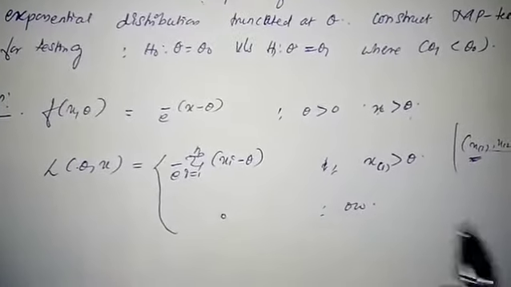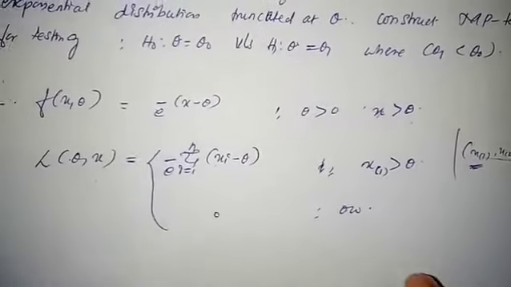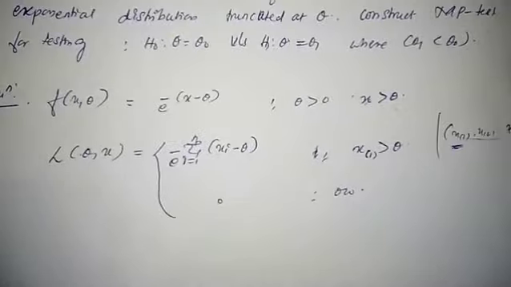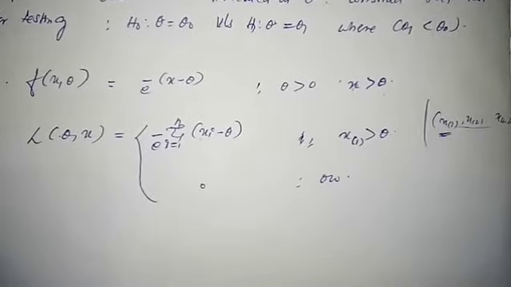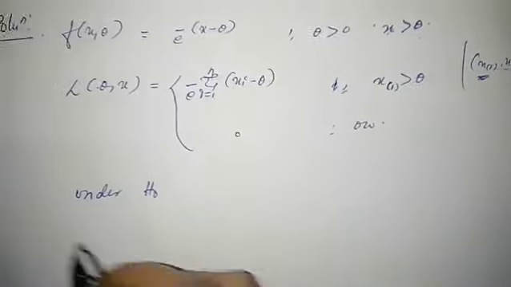From the Neyman-Pearson lemma we reject H0 for a large ratio. So in this case we have to take the ratio of the likelihood under H1 to the likelihood under H0. Under H0, what is the likelihood?